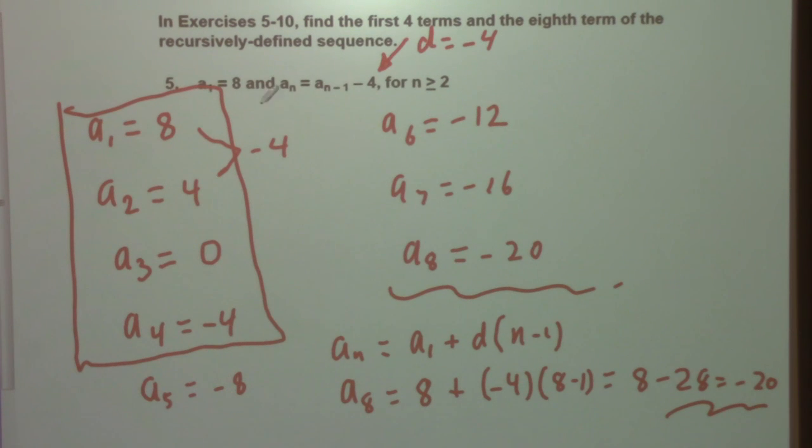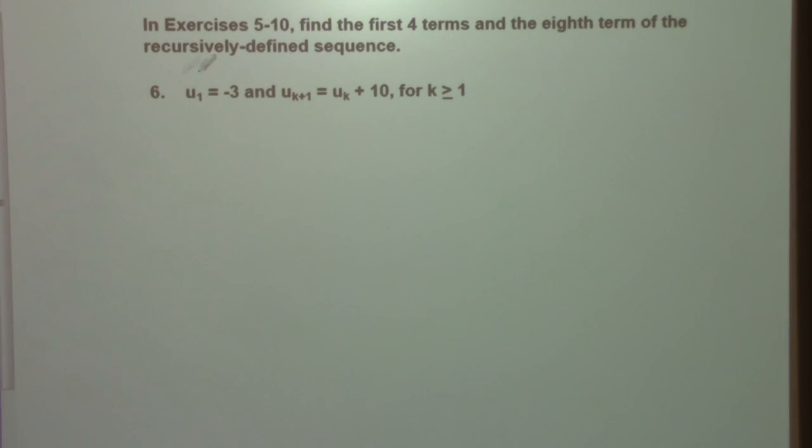What I want you to do is go do number 6, which is a similar type of problem. In this case, you go from one term to the next by adding 10. So I want you to work that one out, and I'll choose somebody again for number 6. How's that?